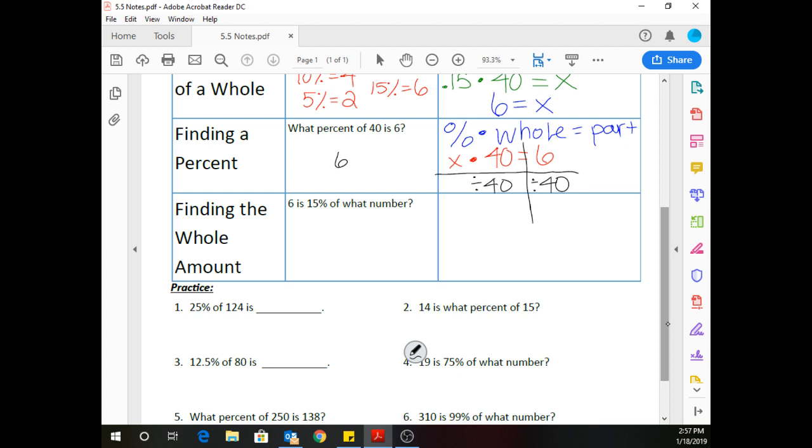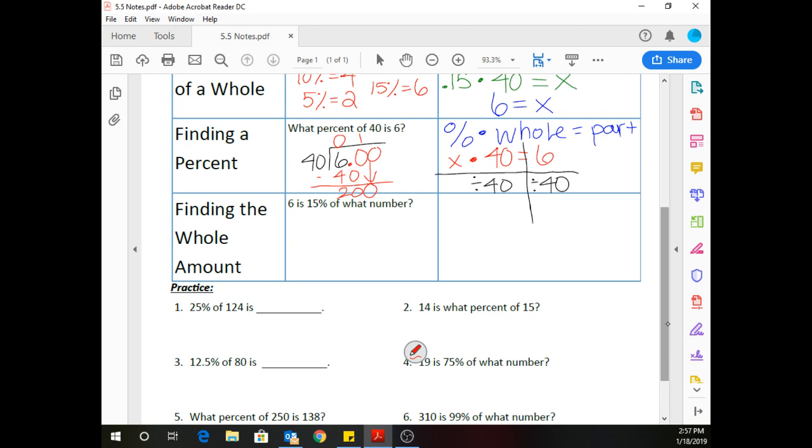So 6 divided by 40. Can 40 go into 6? No. Decimal, 0. Can 40 go into 60? Yeah. How many times? Perfect, 1 times 40 is 40. So 20. Bring down the 0. Can 40 go into 200?